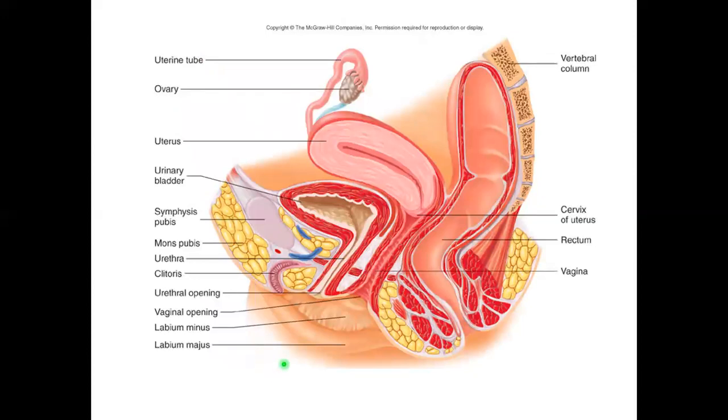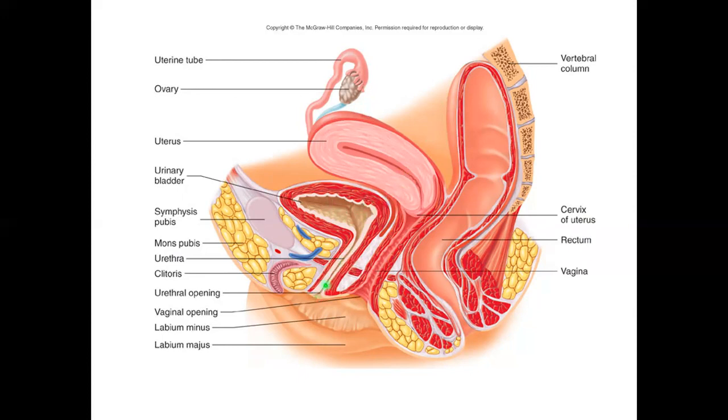Okay, for females, it's a little bit different. Here's the urinary bladder, right? And you can't see the urethra because it's coming out at you. So here are the ureters, you guys, the urinary bladder, and then the urethra.